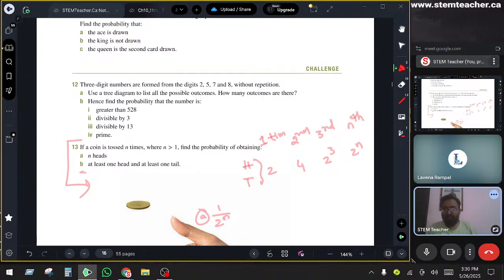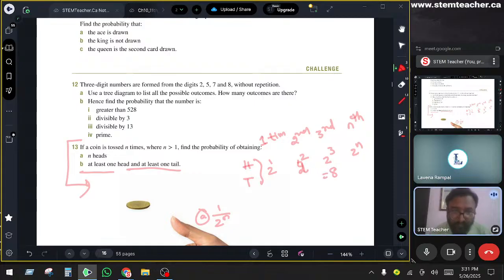What about part B? At least one head and at least one tail. But for A, why is it 2 power 3? Can you see your outcomes? Three times you toss the coin, how many outcomes are there?